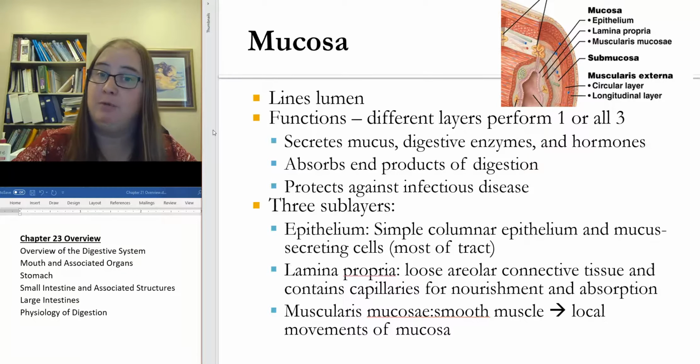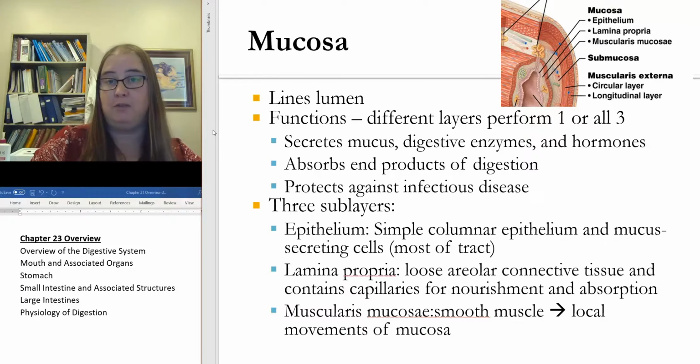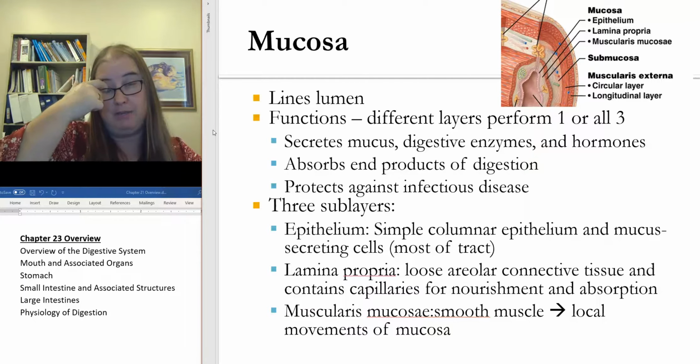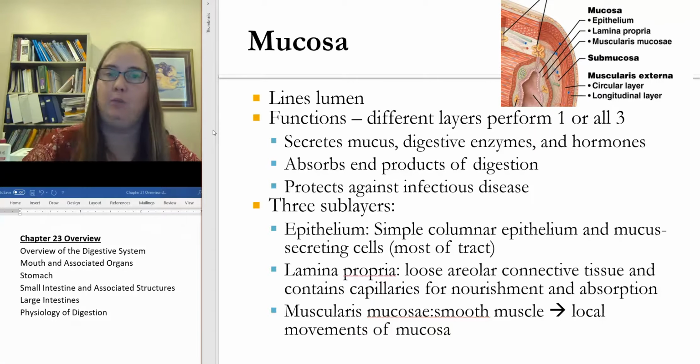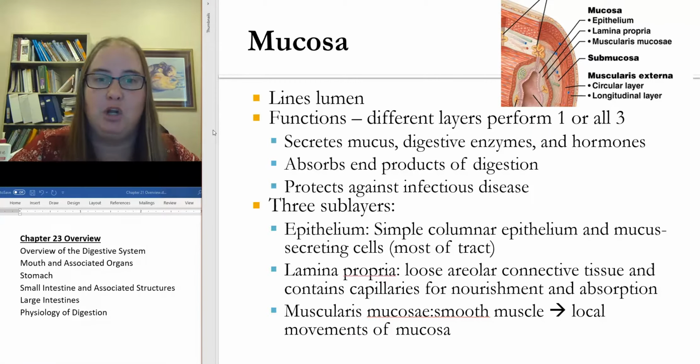But for example, the small intestines does all 3 of these, okay? So this is what I mean, based on where we are in the digestive system is going to determine what the function of that mucosa is. And when we get ready to talk about the functional anatomy, you'll be able to come back and say, oh yeah, now I see where these functional differences occur.